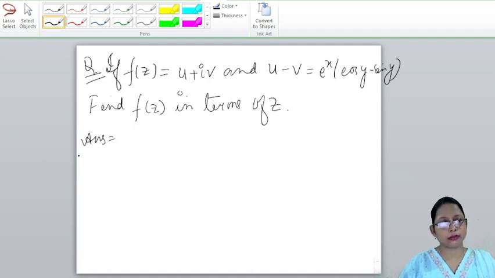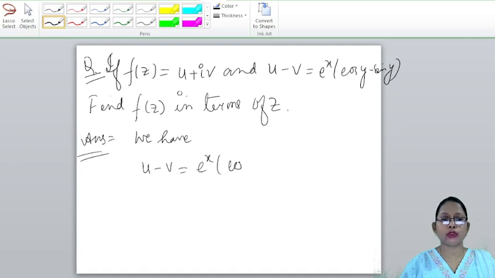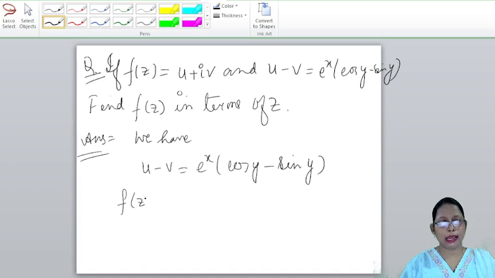Answer: we have given u minus v is equal to e to the power x (cos y minus sin y), and f(z) equal to u plus iv.